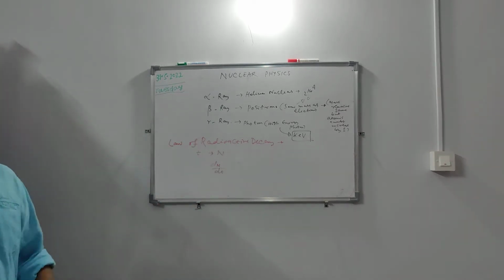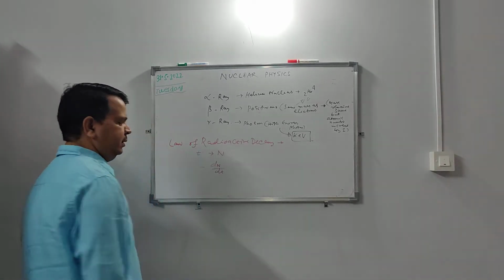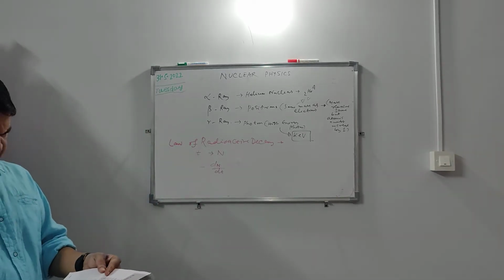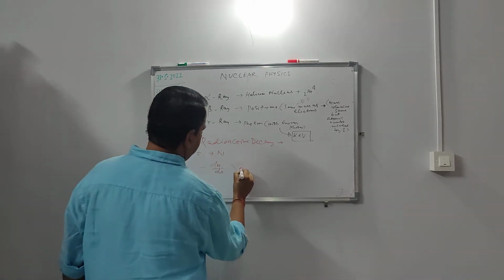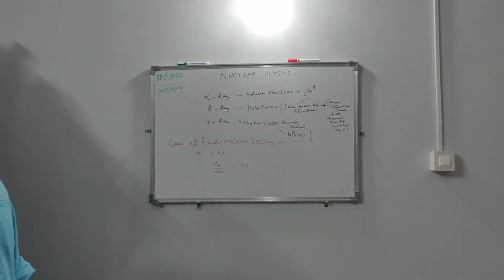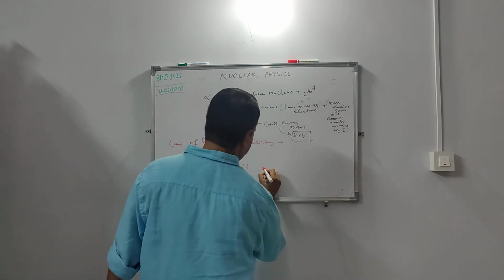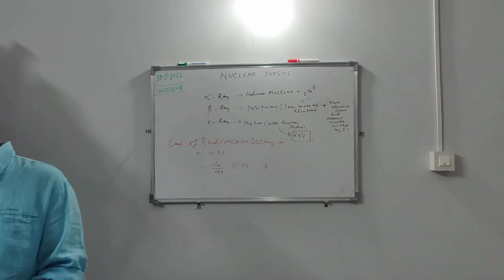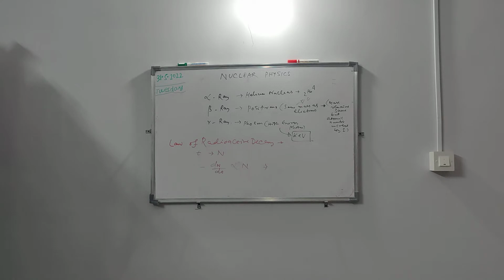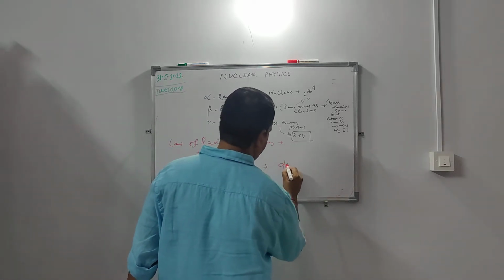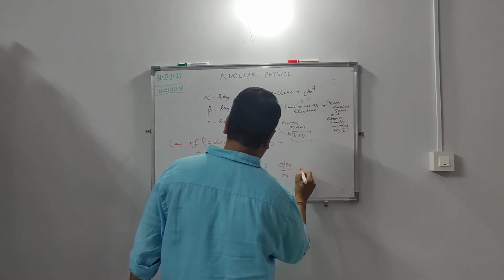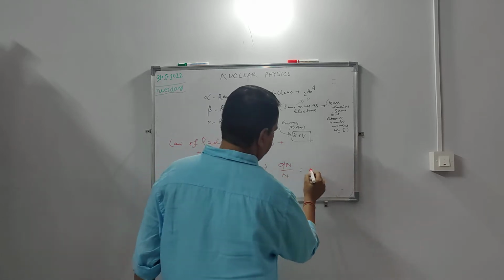Minus dN by dt is directly proportional to N. So if this is the case, that implies dN by N is equal to minus dt.